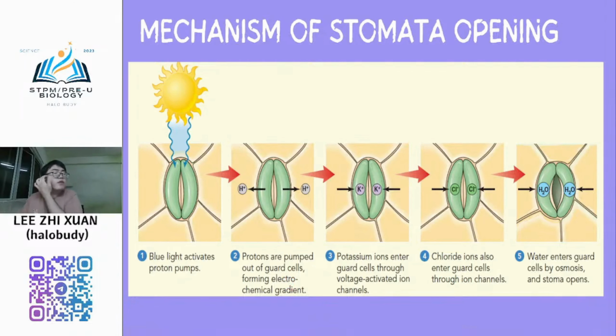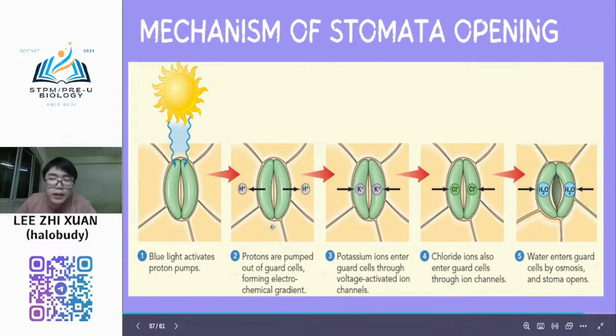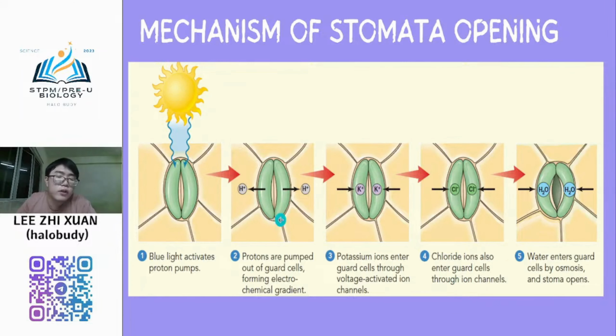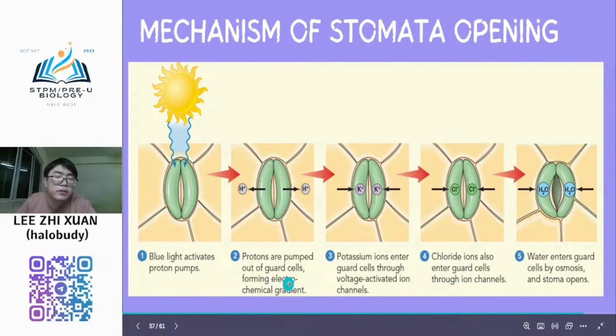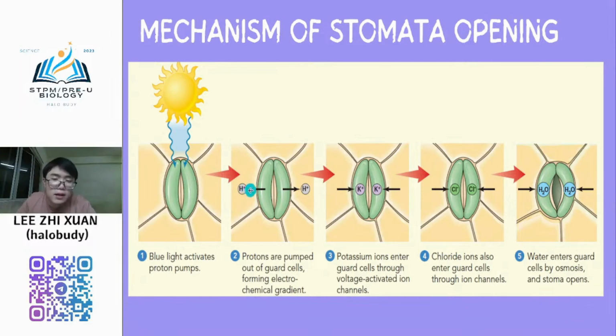If you still remember chapter 3 of the first semester, on core transport processes, and also the electron transport chain, the electrochemical gradient is one type of voltage, right? So it has now created one type of energy.